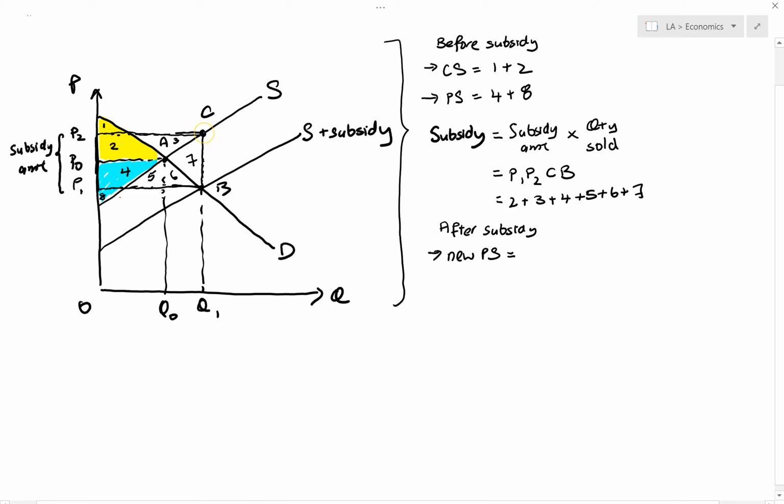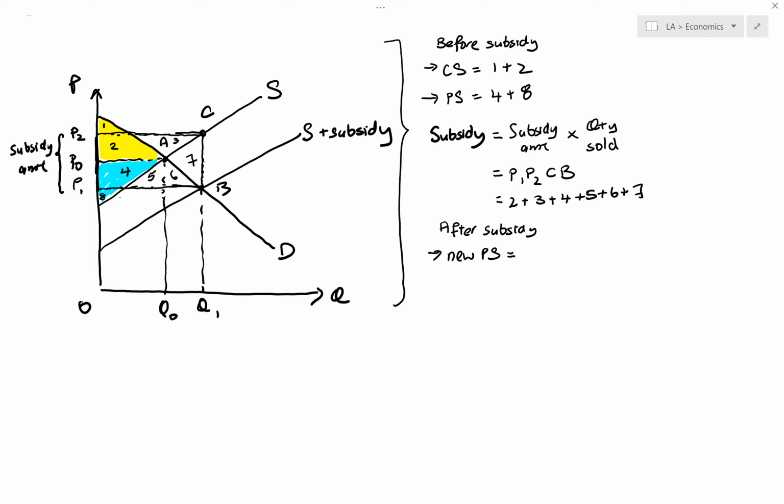You must be careful. Even though this looks like the new producer surplus if you look at the new supply curve, actually this triangle is also the same as this triangle. They're the same.